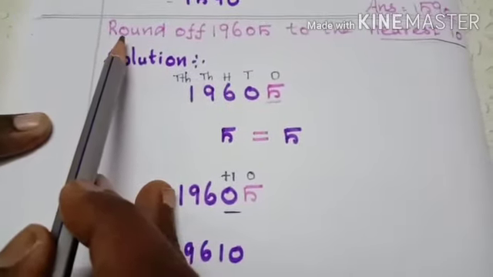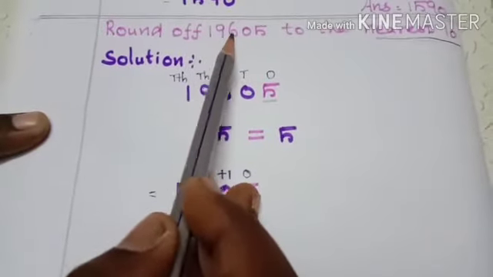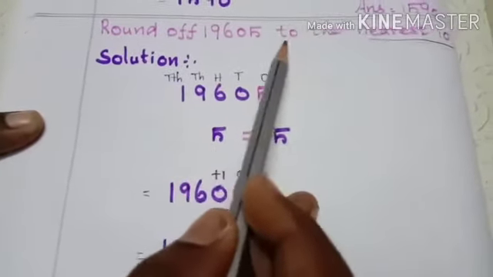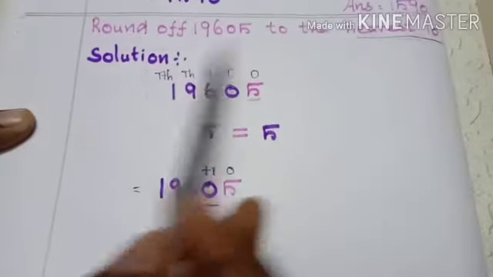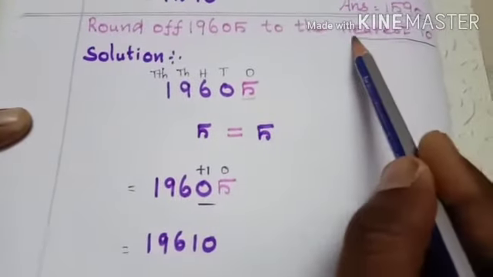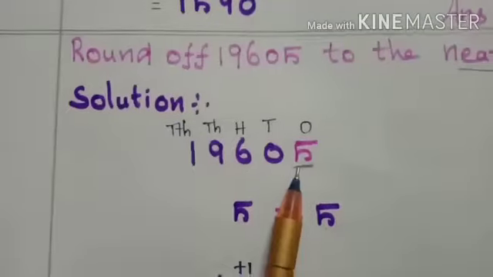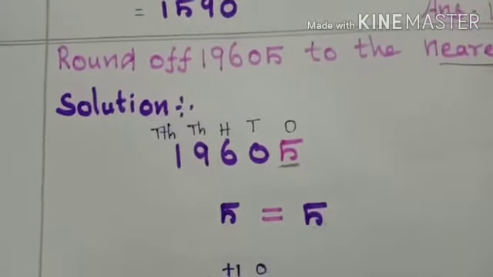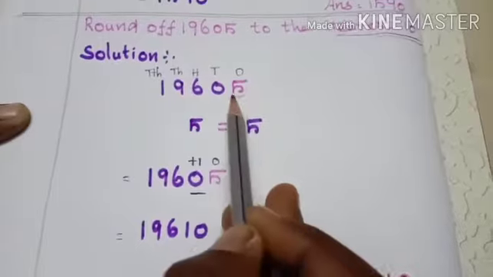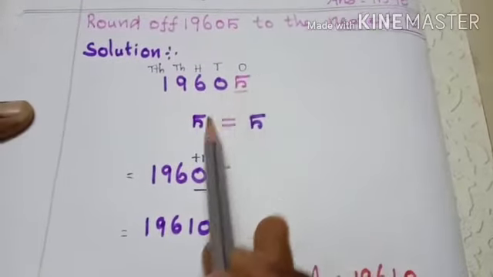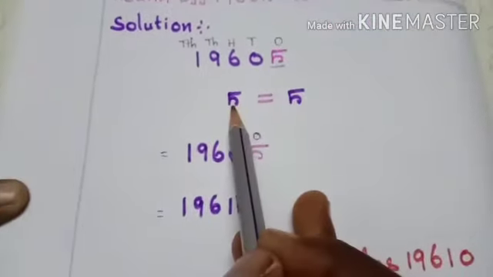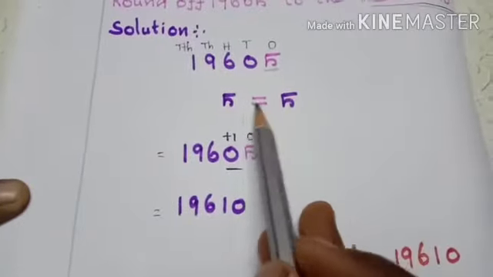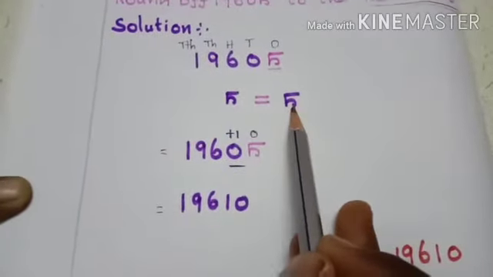Next example. Round off 19,605 to the nearest 10. Solution. Here also the nearest 10, so we look at the ones place. In the ones place the number is 5. We compare this 5 with 5. Here 5 is equal to 5.